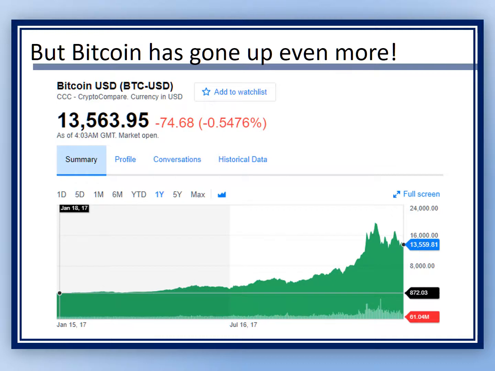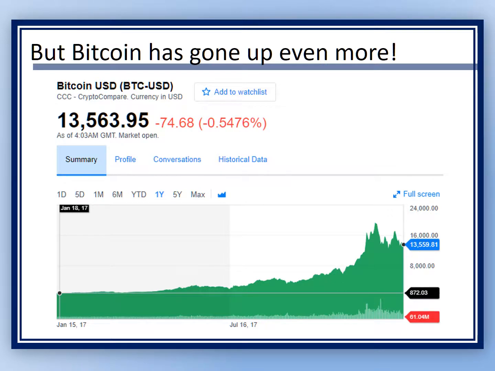This is the same diagram for Bitcoin. One year ago, Bitcoin was $872 US. Today, it's $13,500 US.